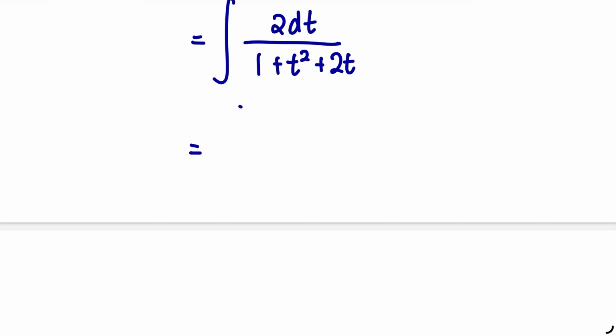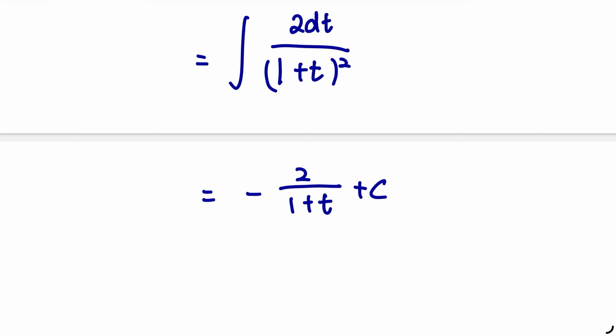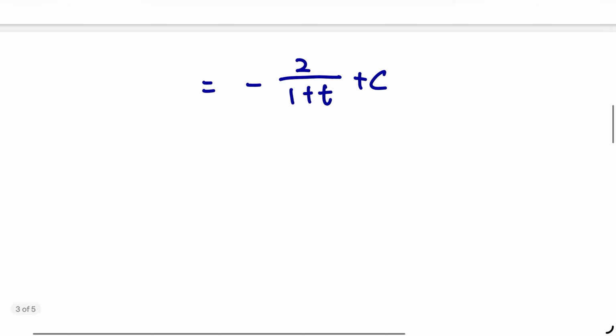And this is just conveniently 2 dt over (1 plus t) squared. We can easily evaluate this, and we get the antiderivative of this integral.